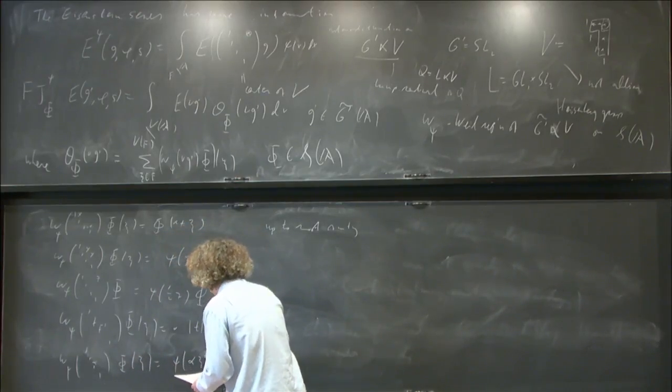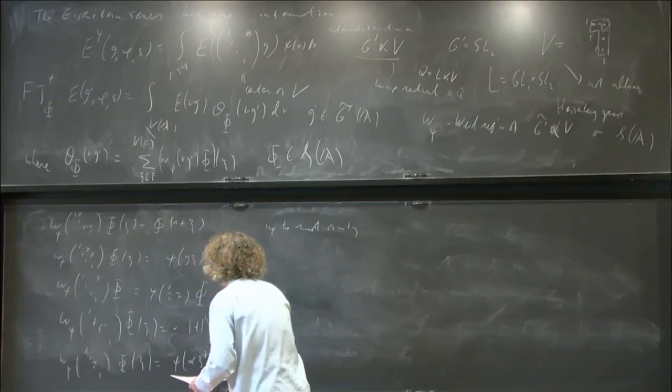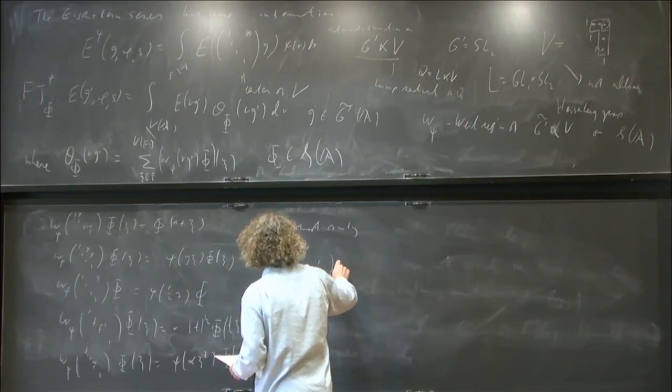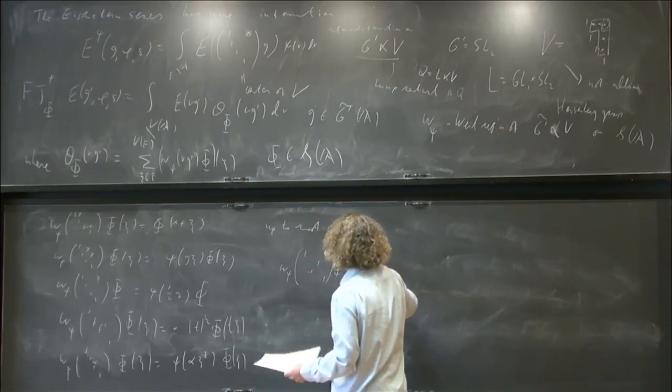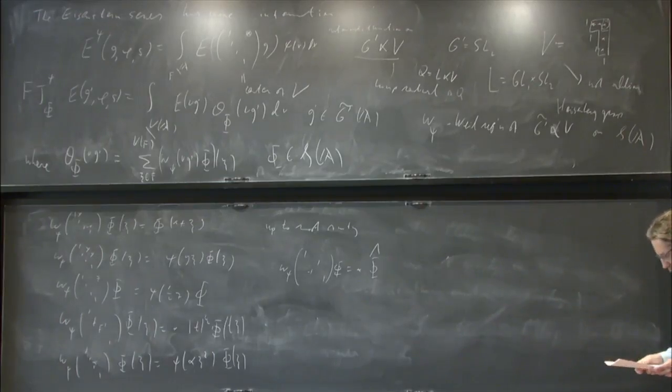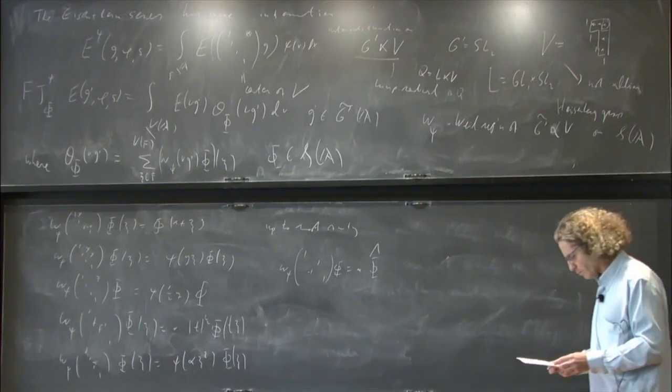So there's a quadratic thing here, and finally these elements act, up to a scalar, as the Fourier transform. Okay, so that's the Weil representation in its simplest case.